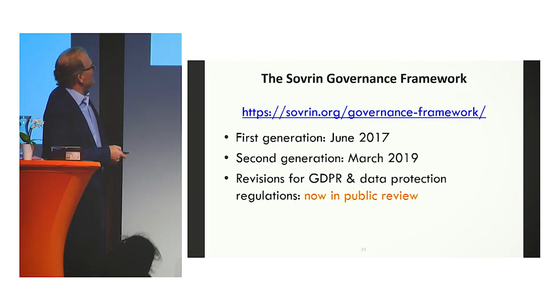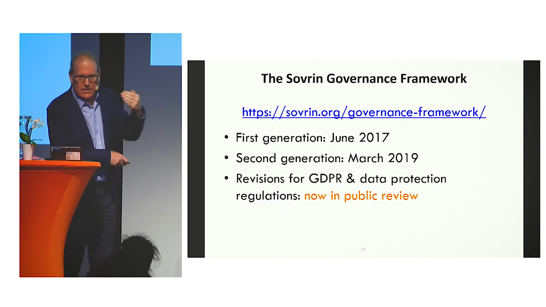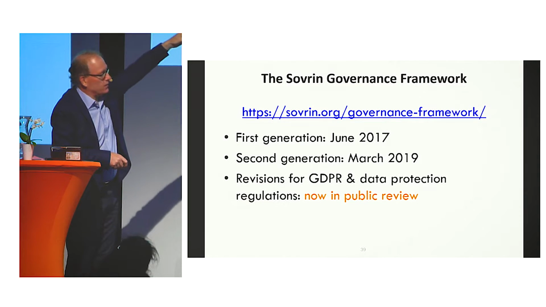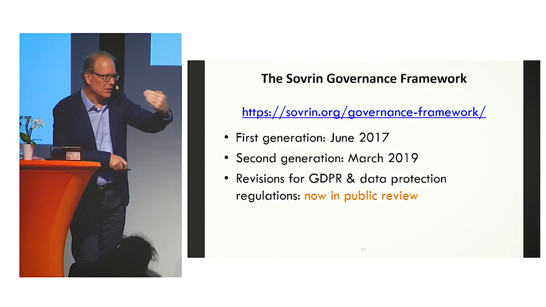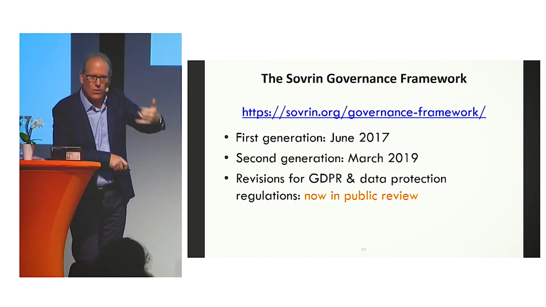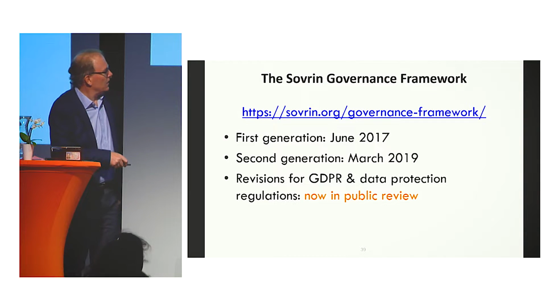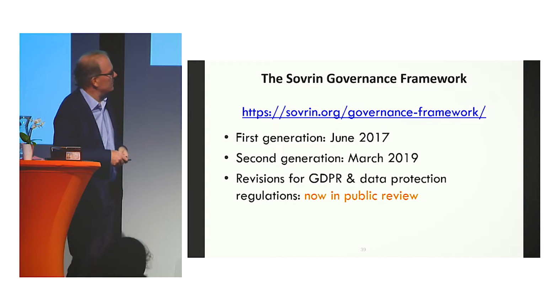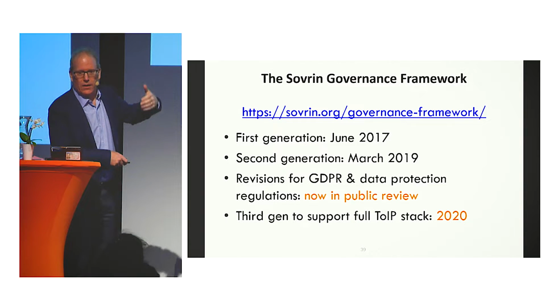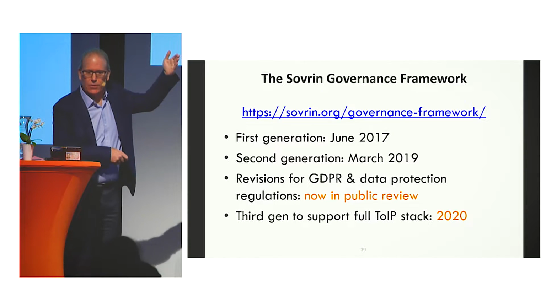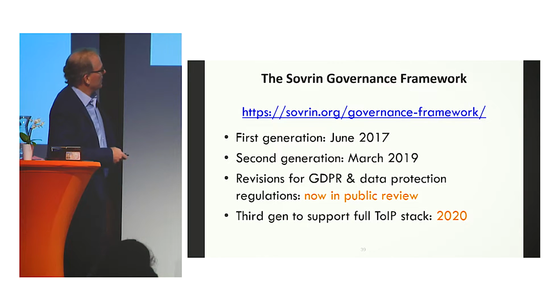We spent 9 months working on that, and we have a set of documents in public review at that URL up there. So if you are actively interested in that question, we'd love to have your feedback. There's a whole diagram and an explanation of the answers that we've come up with. And the next step is to develop a third generation for that whole stack that I just discussed.